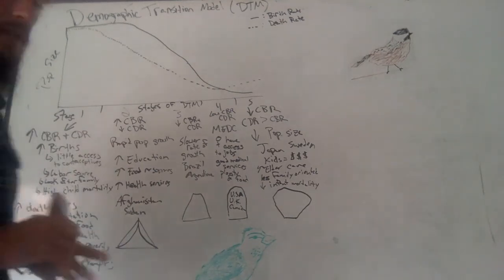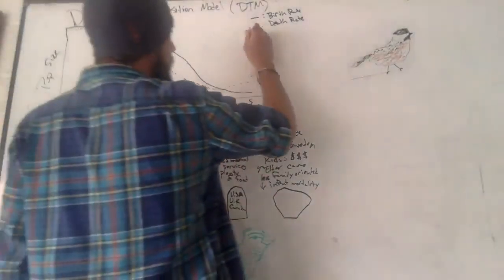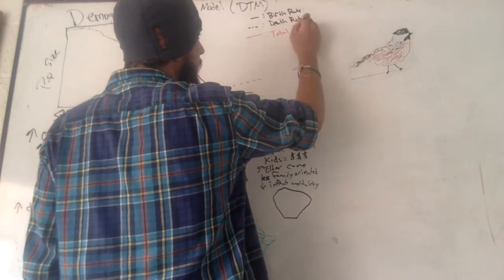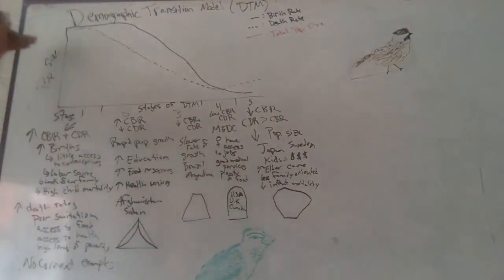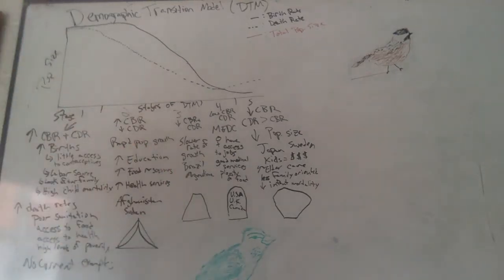So let's do one more thing. I'm going to get one more marker here. We're going to use the brown marker, and this is going to be total population size. We're starting with a relatively arbitrary value here. Your population size could start with 1,000 people, or it could start with 1 million people.